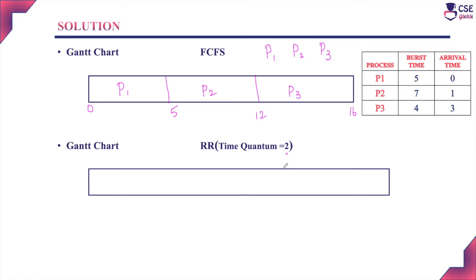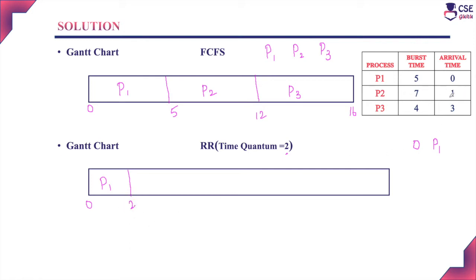So in round robin algorithm, we will consider the ready queue. The ready queue will help to find easily which is the next process to be assigned to the CPU for execution. At the time of 0 millisecond, only process P1 will be available in the ready queue. So now process P1 will be assigned to the CPU for the specified time quantum 2 milliseconds.